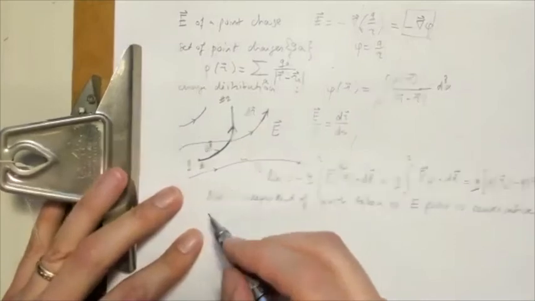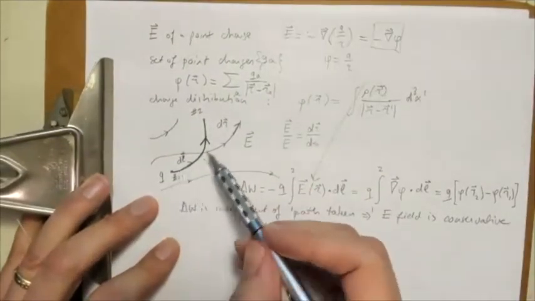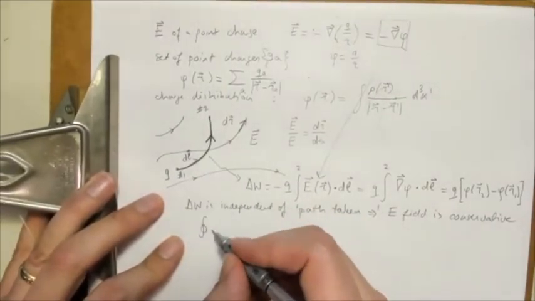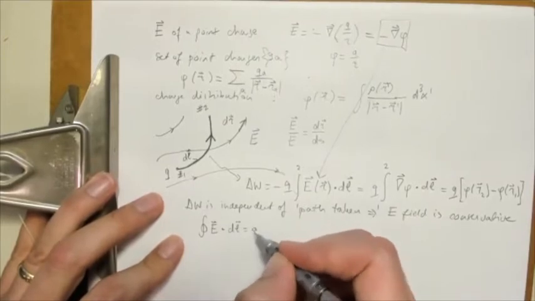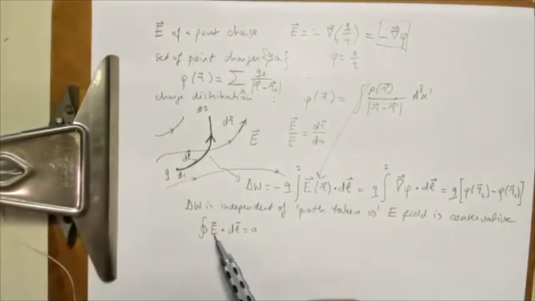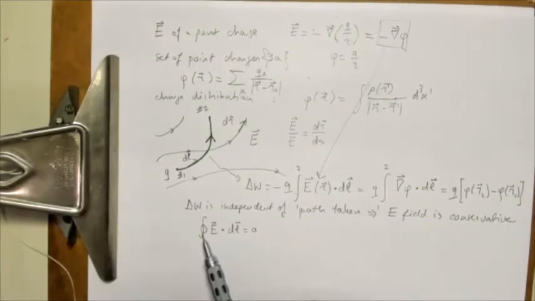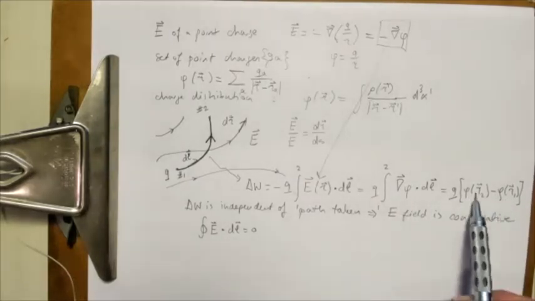And that also means that if you take a closed path through an electric field, that needs to be 0, right? Because that E dot dL, if it's a closed path, is basically a start point and an end point that are identical. So that means that the potential here is equal to the potential there because the positions are the same.